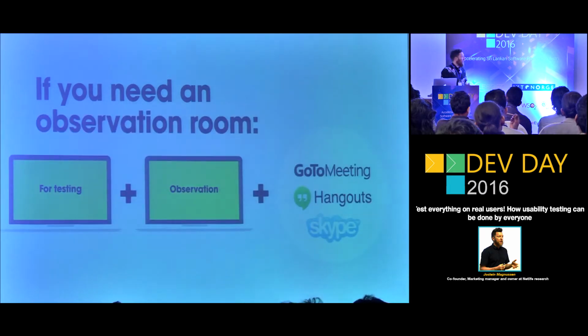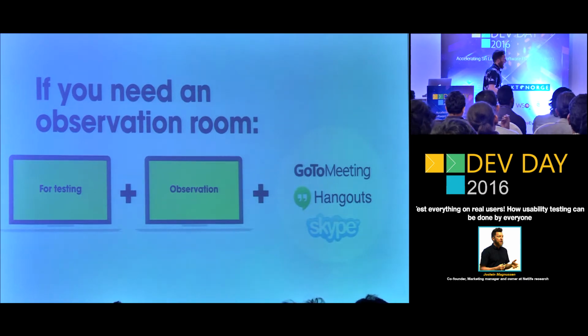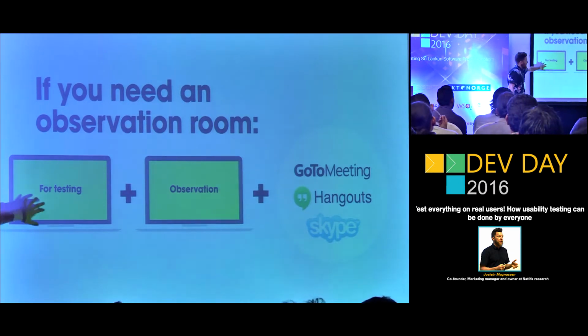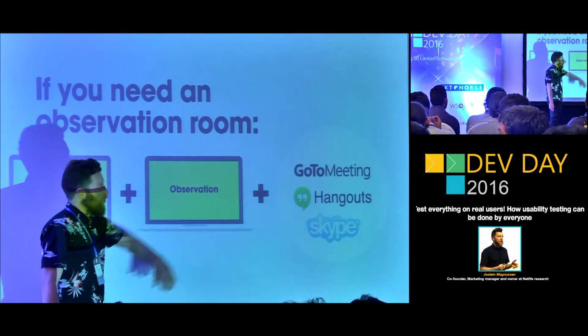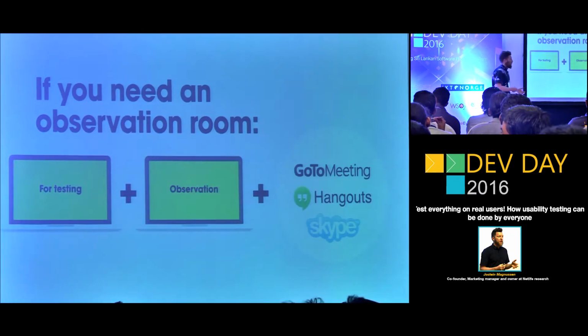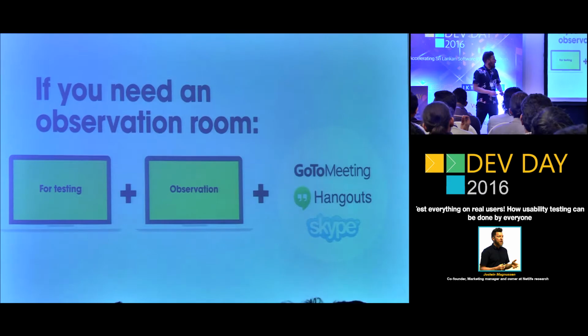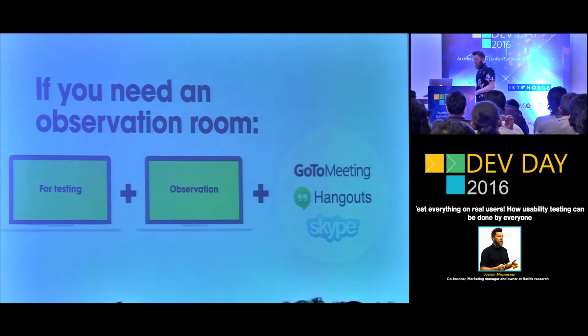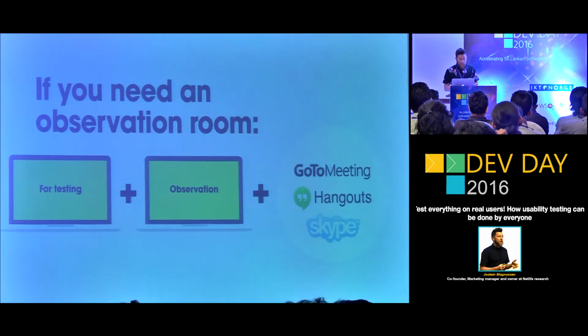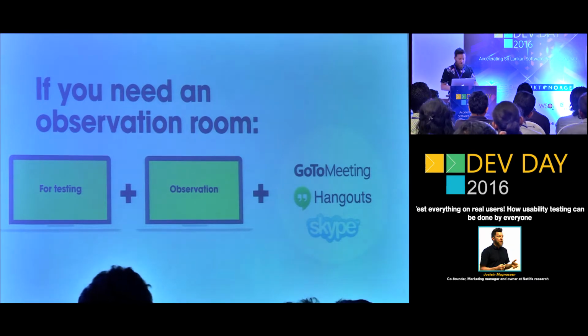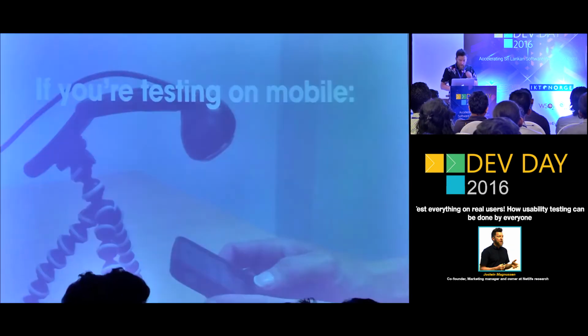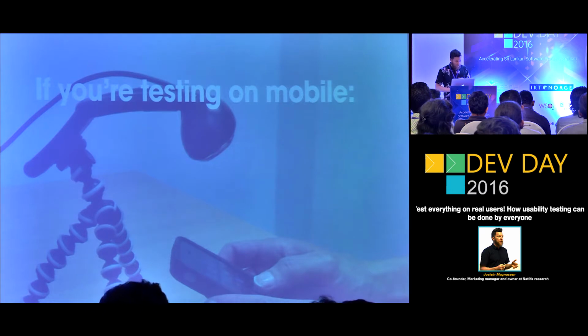And if you need an observation room, then you have one room for testing and one for observation, and then you can use GoToMeeting or Hangout or Skype, etc., just to make sure that other people can follow the usability tests.